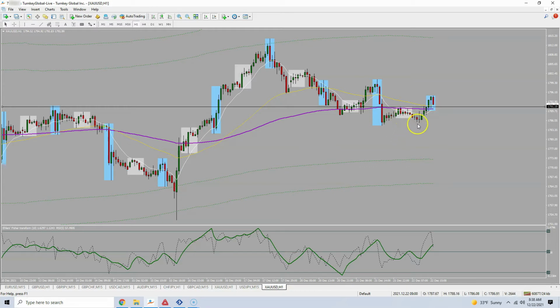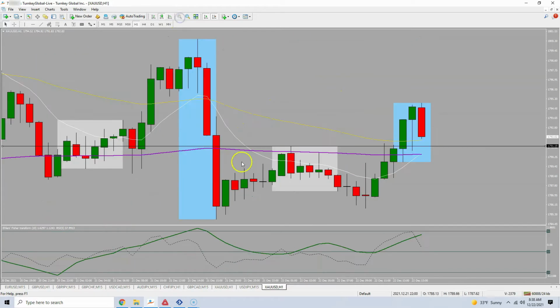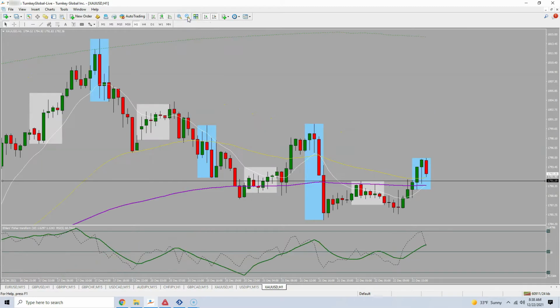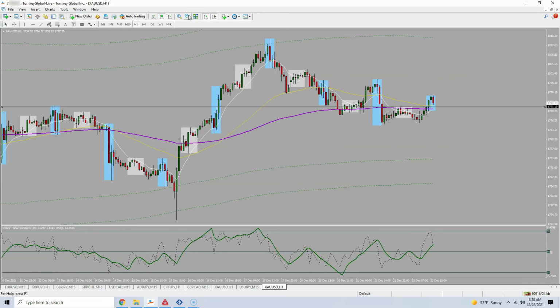And so it comes down, it comes up, and now we've got this candle body. I'm just zooming in right quick. The body of this candle closed past that wick. And that's what we're looking for: we need a candle body to close past the last prominent wick in the formation. That's rule number 2. And so that's been met.